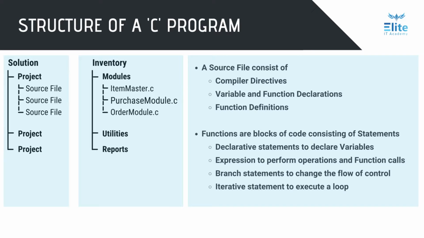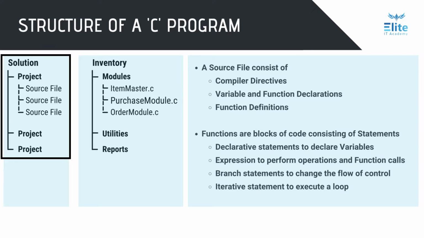Let's start with the basic organization of a C program. As seen in our previous videos, every IDE requires an application to have a well-defined structure. In the IDE we are using, we need to create a solution. A solution contains many projects.